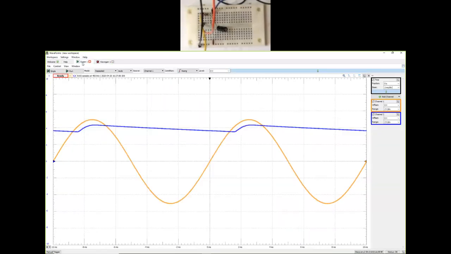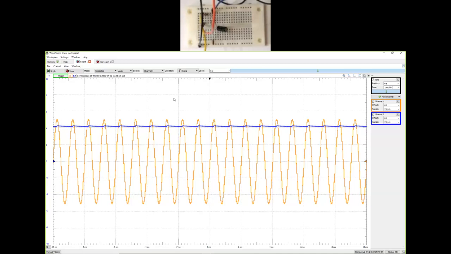Go back to scope, run it, and as you can see, because I increased the frequency by 10 times, and I did not change the y-axis range or the x-axis range at all. These are the same milliseconds per division and volt per division ranges as they were earlier. I've increased the frequency 10 times, so I have 20 cycles now instead of 2 cycles. So that makes sense.